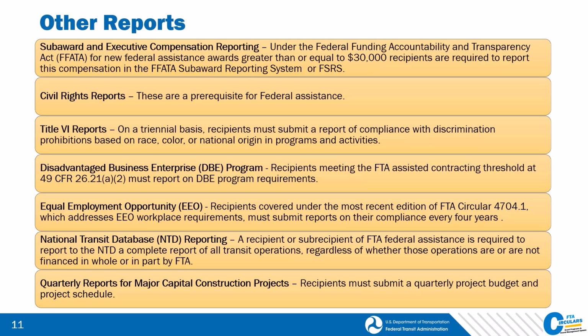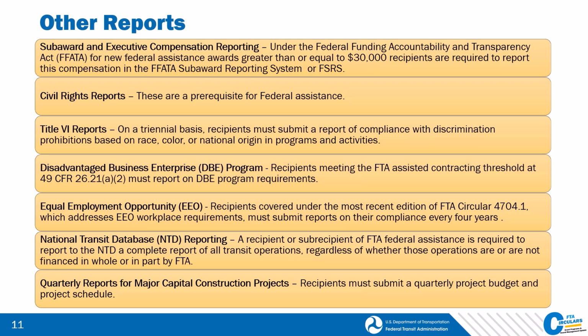FSRS reporting. Under the Federal Funding, Accountability, and Transparency Act, FFATA, Subaward and Executive Compensation Reporting Requirement, recipients of new federal assistance awards greater than or equal to $30,000 must report this information in FSRS, FFATA Subaward Reporting System.